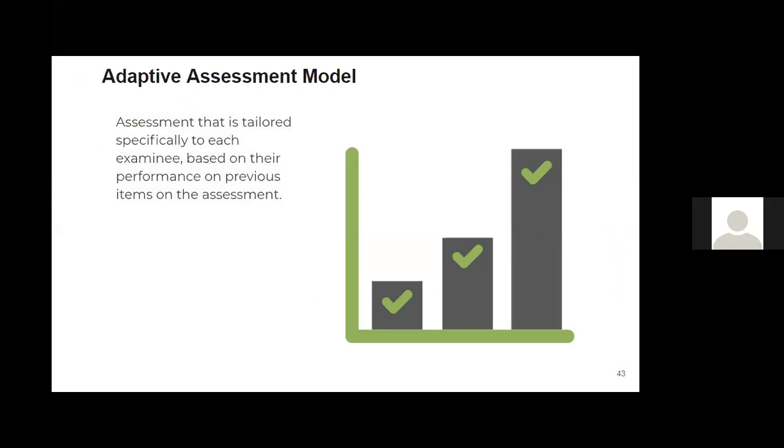I quickly looked at what we can call an adaptive assessment model, which is tailor-made specifically to examine each individual based on their performance on a previous item or a previous task. So this is a mode of assessment that we can use in assessing our online learning, where you don't use one formula for every learner.